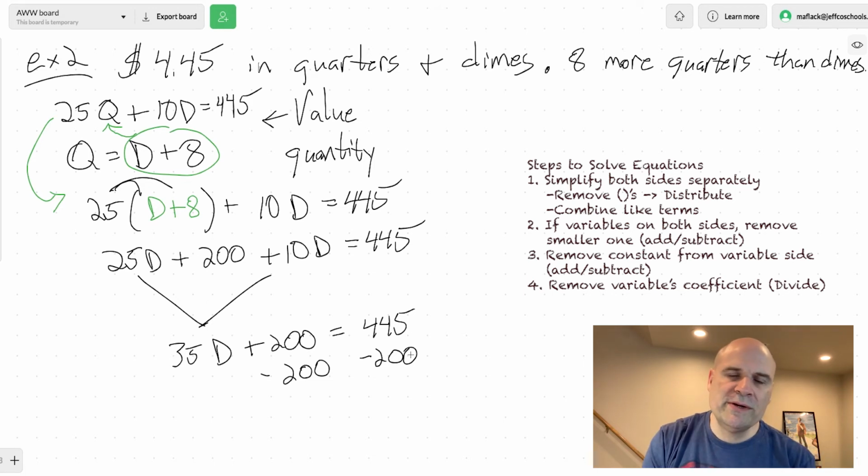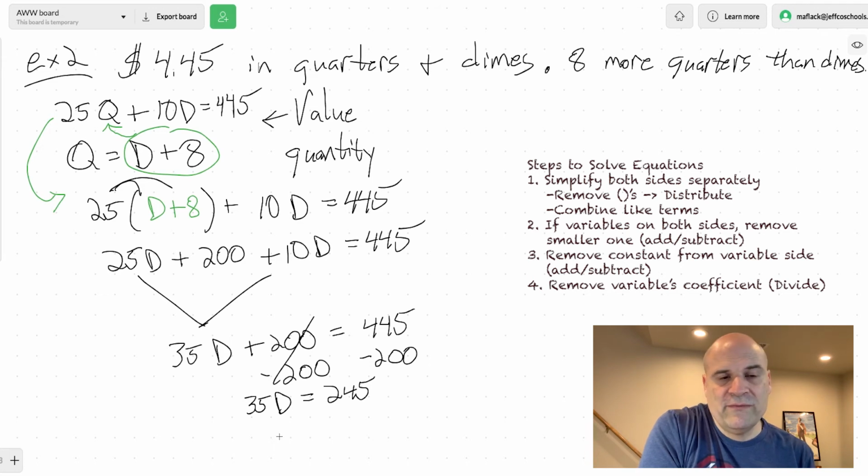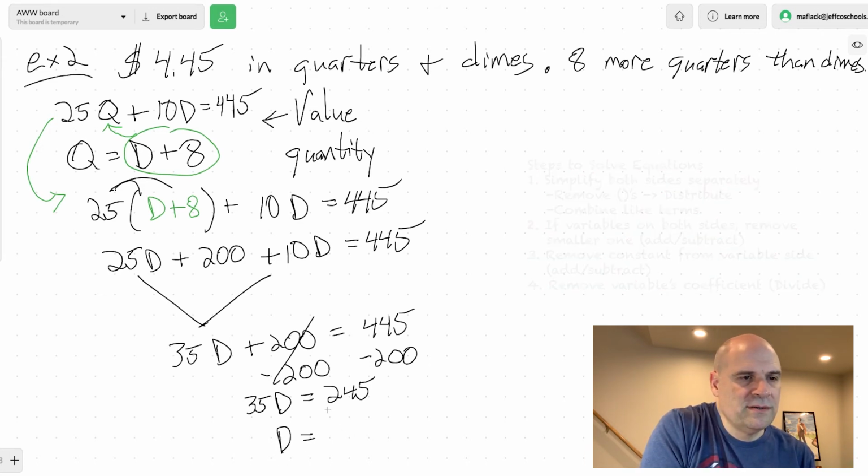Step 2 in solving equations is get rid of the smaller variable term if you have variables on both sides, but you don't. So step 3 says get rid of the constant on the variable side. So 35D equals 245. Now we divide both sides by the variable's coefficient, step 4, and D equals 7.